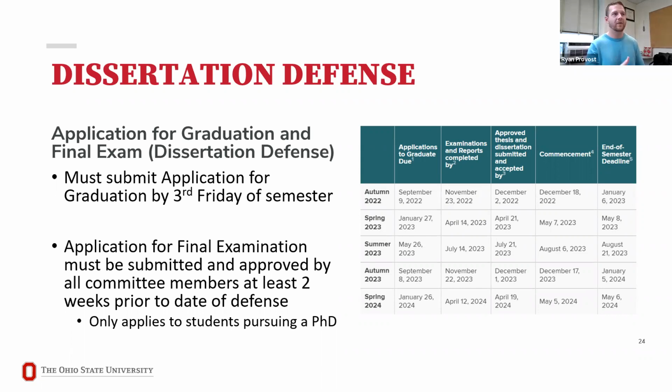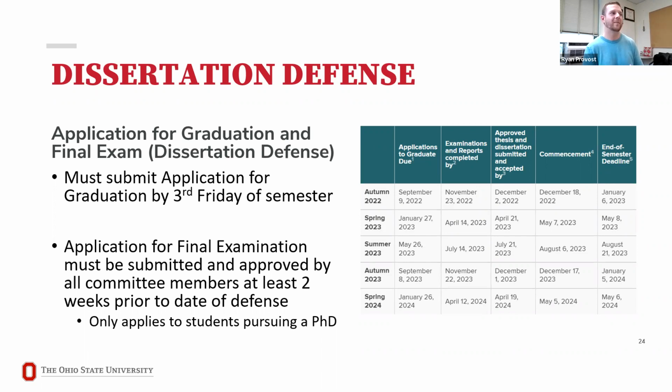You can see on the screen some upcoming semesters through spring of 24, what that date is. That's all available on the grad school's website, but we also promote it pretty heavily. So you should know when you'll need to submit that application to graduate. We process those and make sure you look good to go.